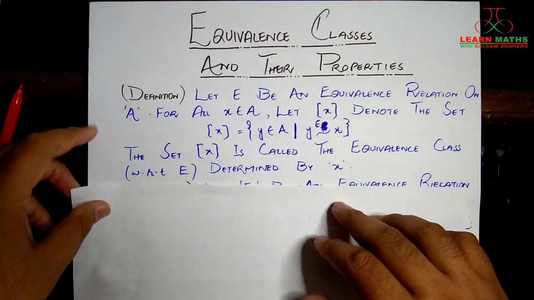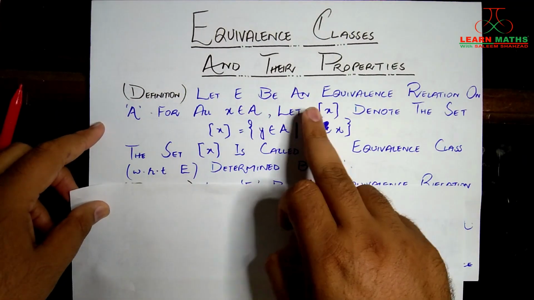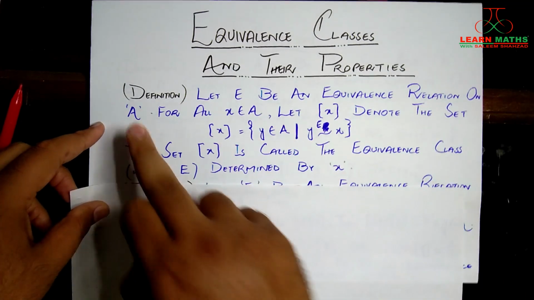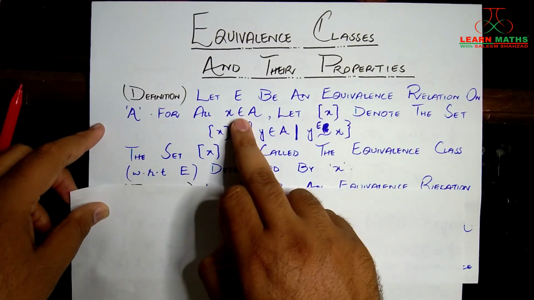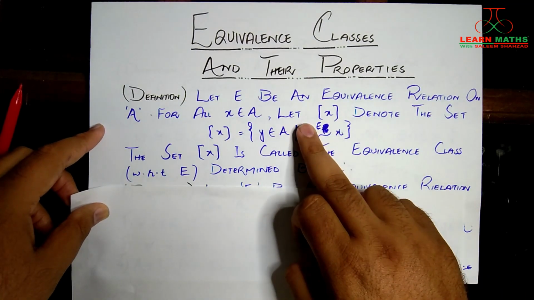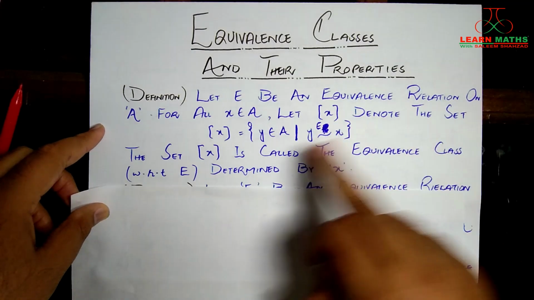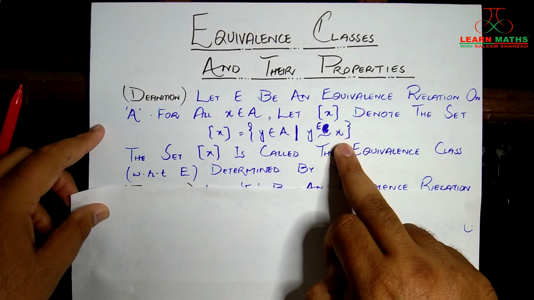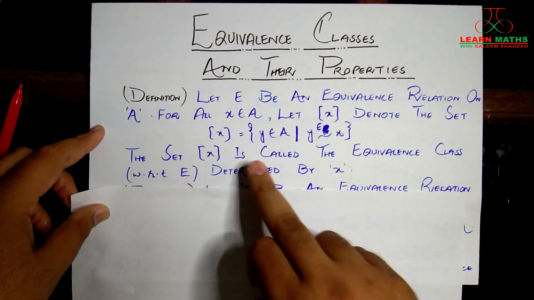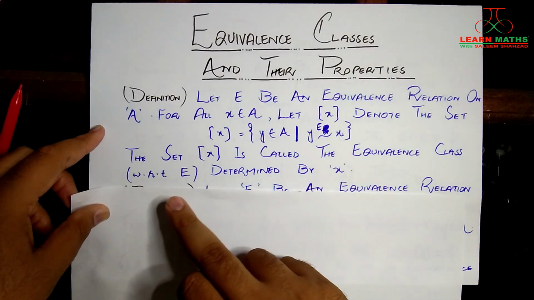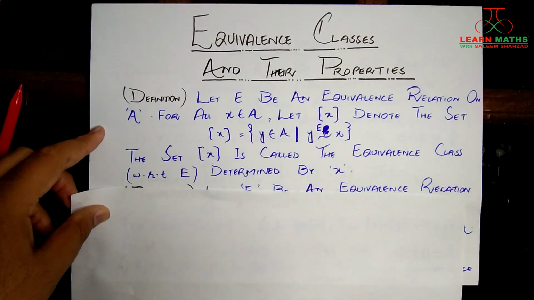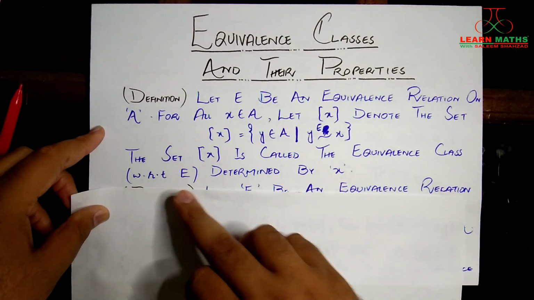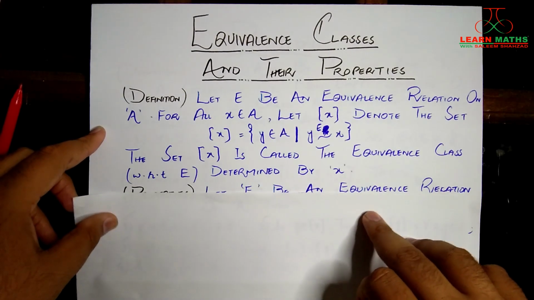Okay, we say that let E be an equivalence relation on a set A. For all x belonging to A, let this denote the set like this. Then this set is called the equivalence class of X, the equivalence class with respect to E determined by X, I should say.